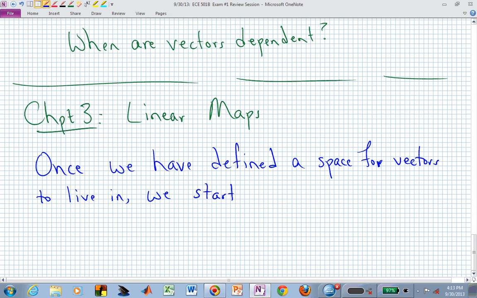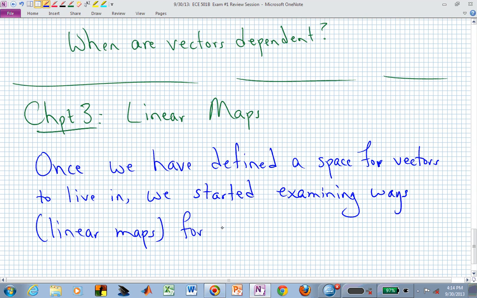Now we started examining linear maps for moving back and forth or moving between these vector spaces.